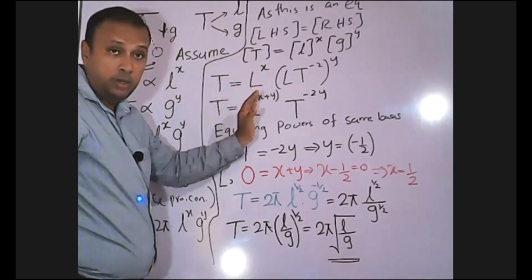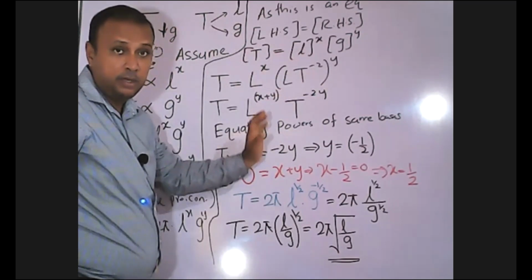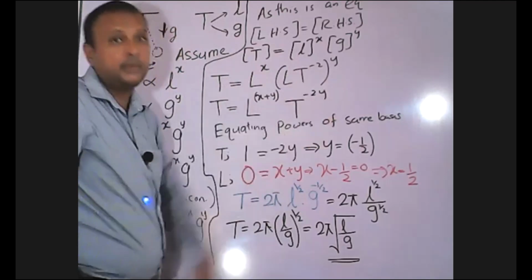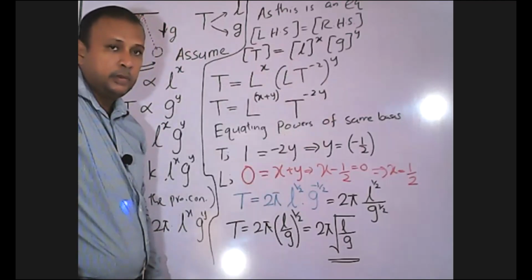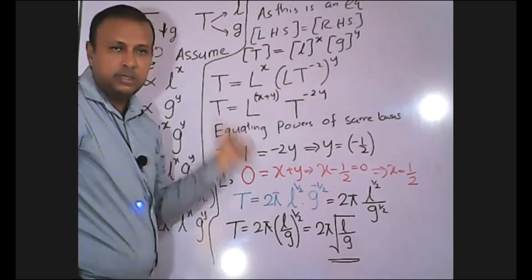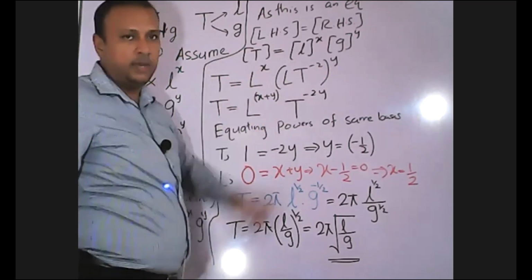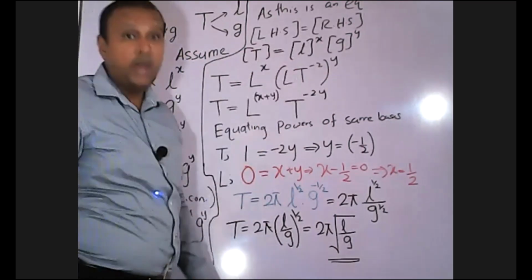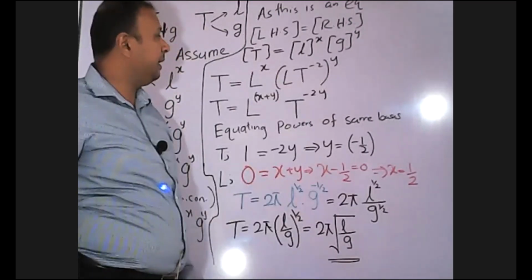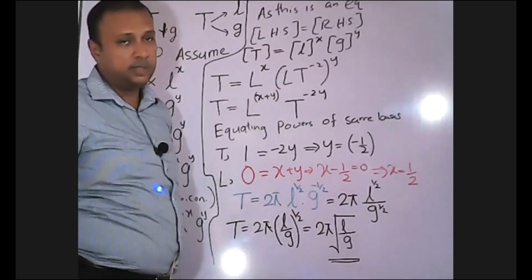You have to simplify the RHS with M, L and T terms. If there are two M terms, you have to simplify those two M's. If there are two or three L terms, you have to simplify those too. Simplify it as much as possible.